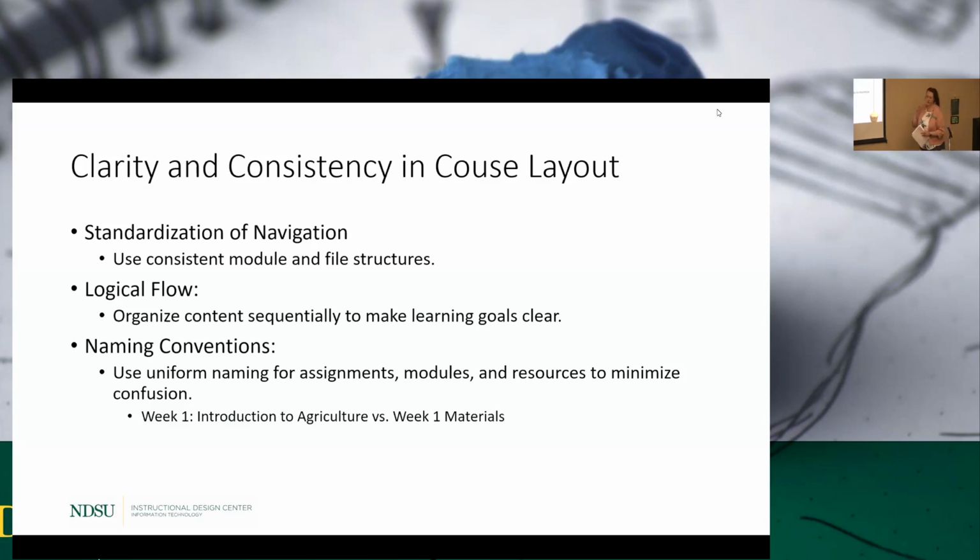So reducing that cognitive load, and having a standard of navigation, logical flow, and naming conventions is really important for our international students where English is their second language, or non-traditional students, somebody who's not familiar with the LMS. You really don't want them worrying about what's in the LMS. You want them focusing on the learning.